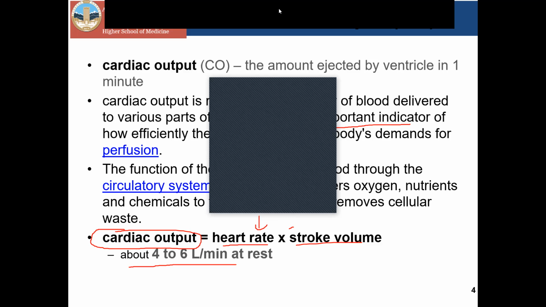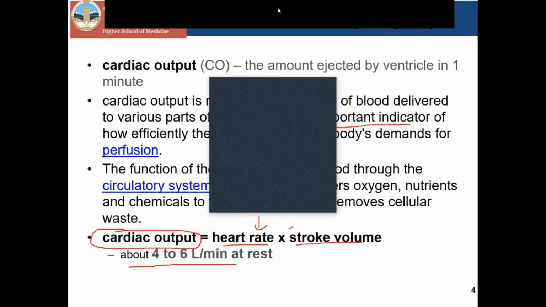But I mean, the heart has like four strokes. The blood goes to the left ventricle, then the right ventricle, then the right atrium, then the left ventricle, then the right atrium. So they contract at the same time.